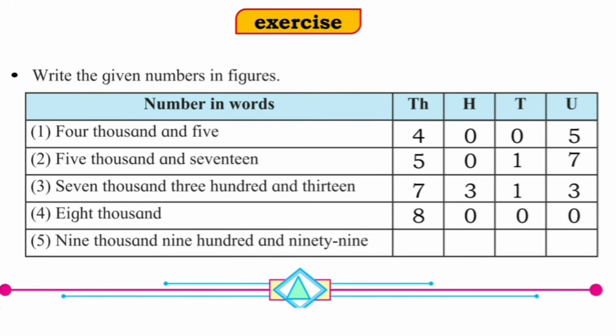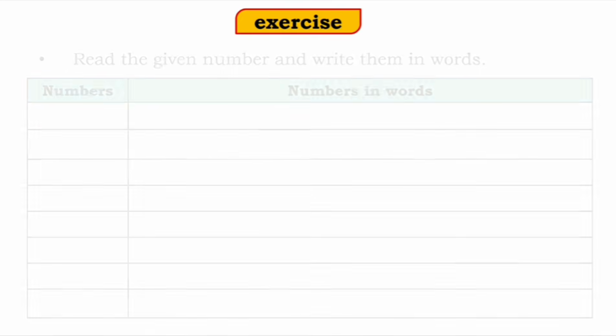The next number is 9999. So we will write 9 in thousands place as we have 9000. Okay. Now 900. So we will write 9 in hundreds place and 99. Number 99 has 9 tens and 9 units. So we will write 9 in tens place and 9 in units place.